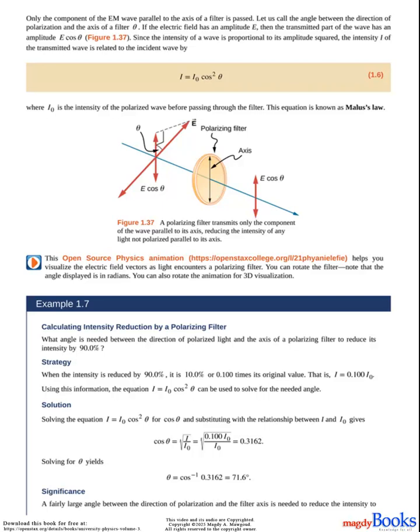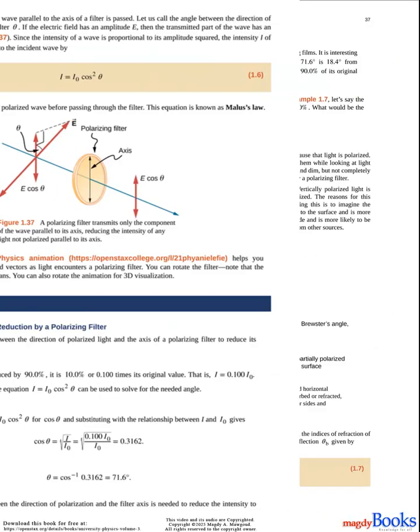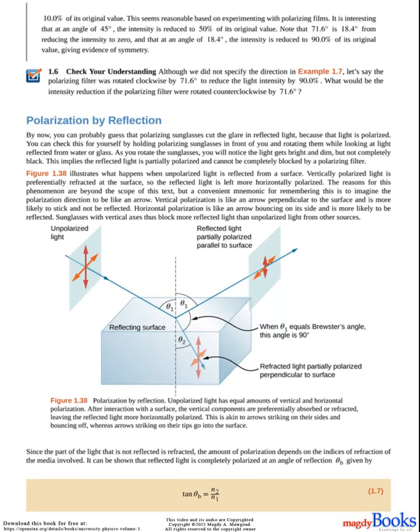Solving for theta yields theta equals arc cosine 0.3162 equals 71.6 degrees. Significance. A fairly large angle between the direction of polarization and the filter axis is needed to reduce the intensity to 10.0% of its original value.